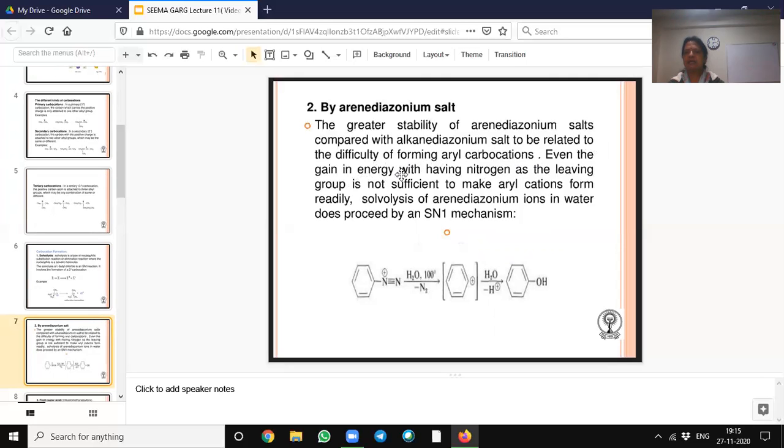Even the gain in energy with nitrogen as the leaving group is not sufficient to make aryl cations form readily. Solvolysis of arene diazonium ions in water does proceed by an SN1 mechanism.